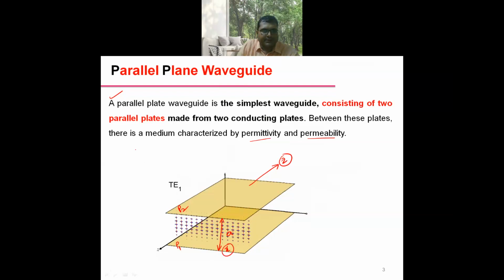In a rectangular waveguide, the distance along x is a and the distance along y is b. They are finite.